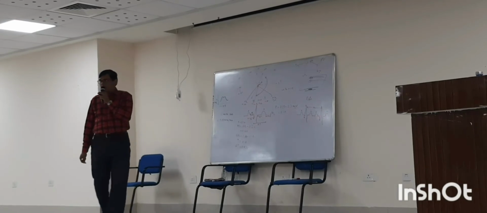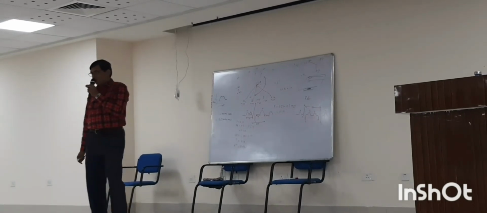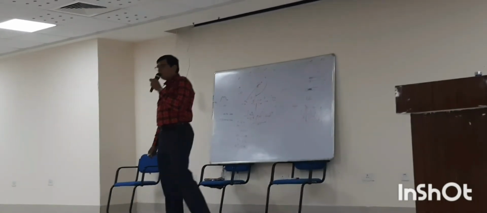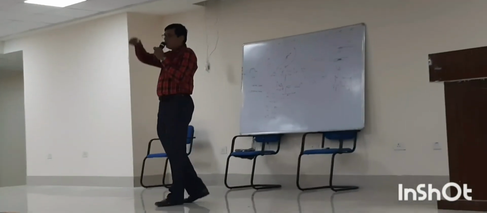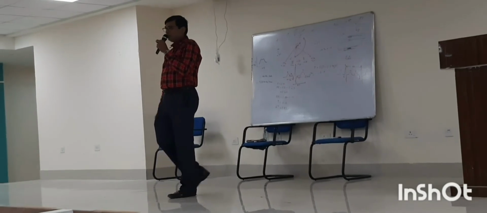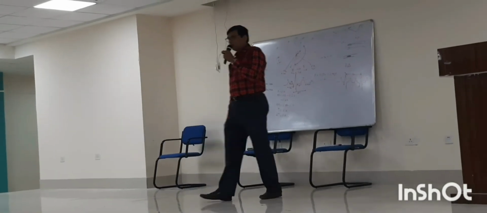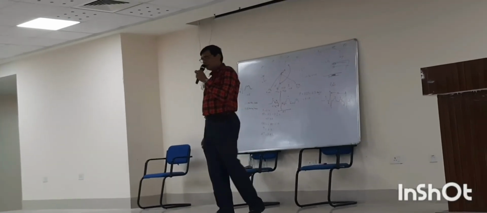If it is tall and peaked, it is called P pulmonale or right atrial dilatation.